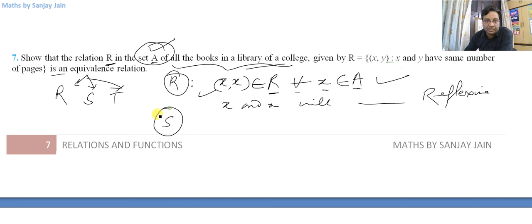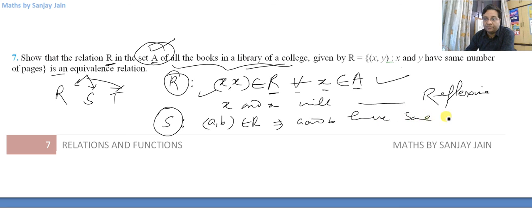What about symmetric? Let me take A, B, C. If A comma B is present in this relation R, this will mean that A and B have the same number of pages, right?